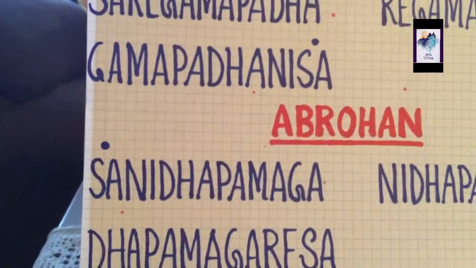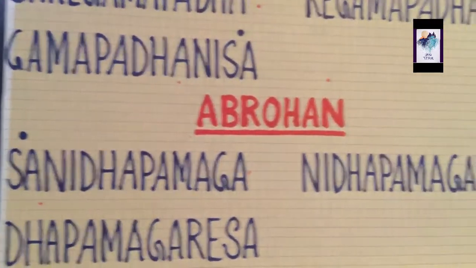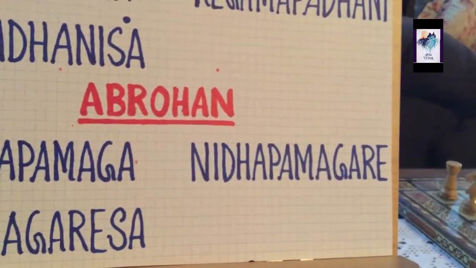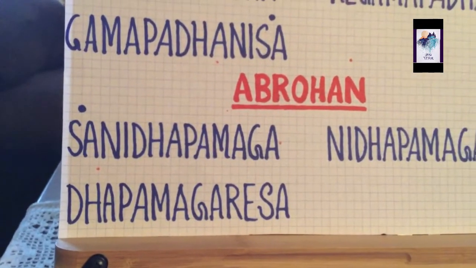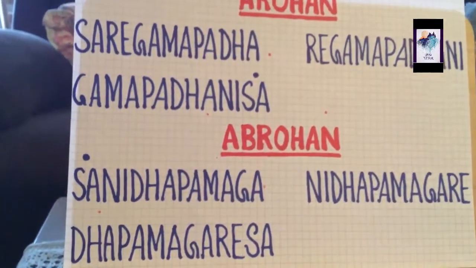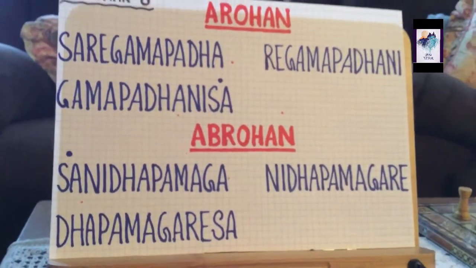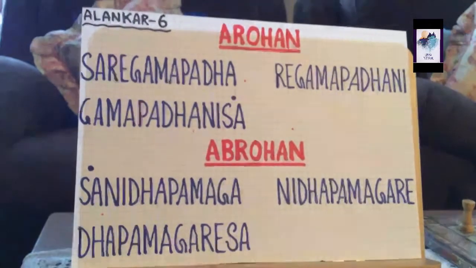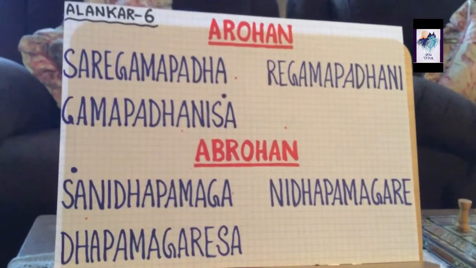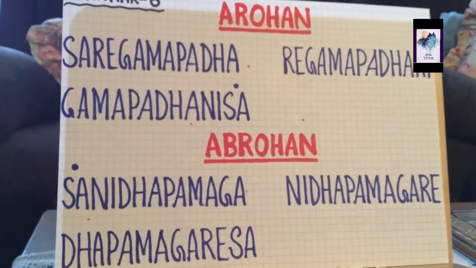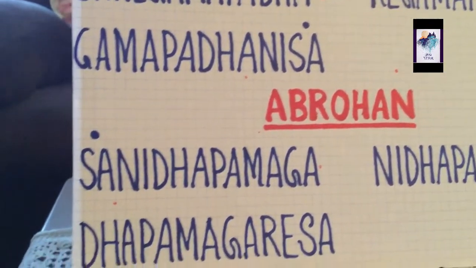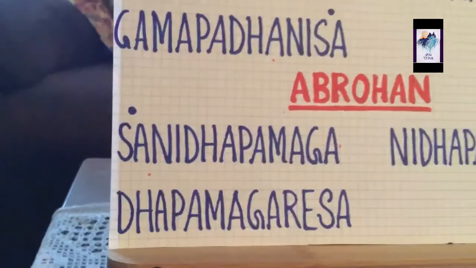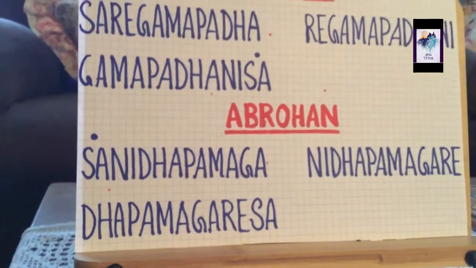Avrohan: sa ni dha pa ma ga, ni dha pa ma ga re and dha pa ma ga re sa. Is there any mistake? Find out. Taar Saptak Sa, yes, the dot is there above the note. It's okay. Avrohan, yes, the dot is there. There is no mistake.